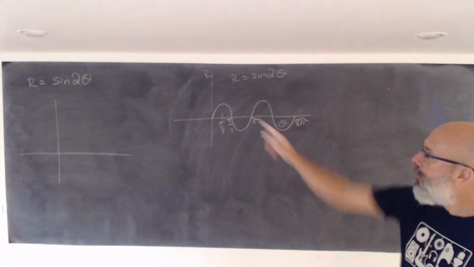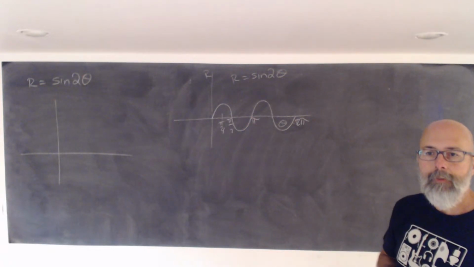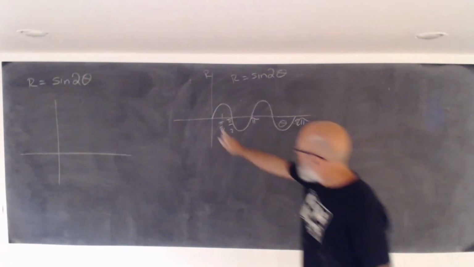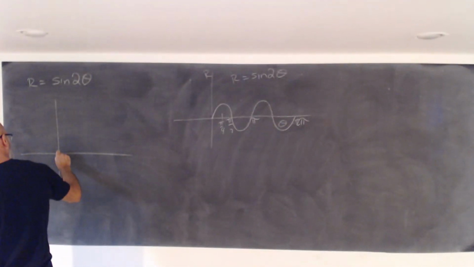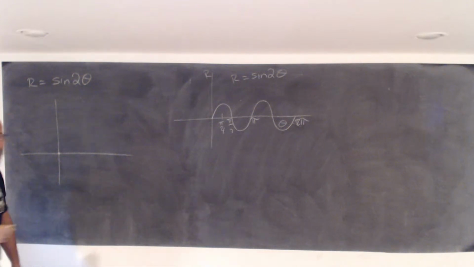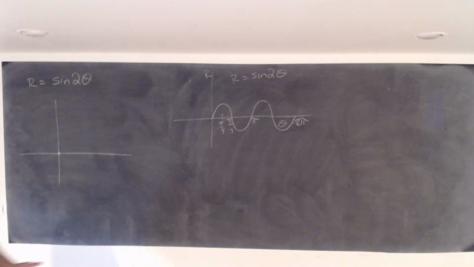Let's use this to graph that. Sine starts at 0, so you start a distance of 0 away from the origin. And what is happening?